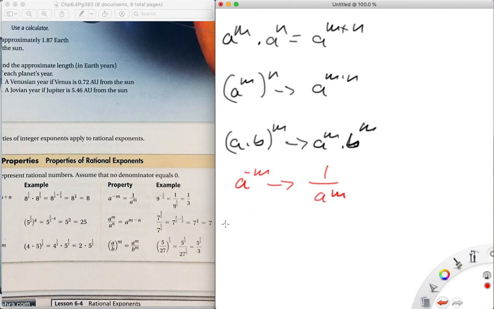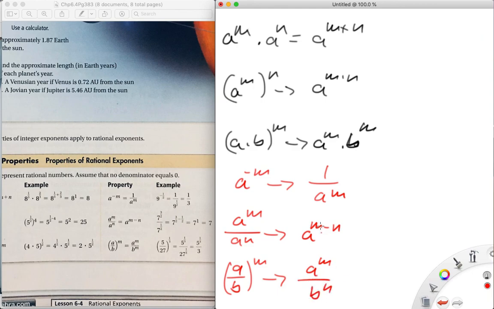When you divide exponents, you can subtract their exponents. This applies to fractions too. And then when you have some rational number raised to some exponent, a to the m, b to the m. Okay, so everything that applies to whole numbers also applies to fractions. They're all the same.